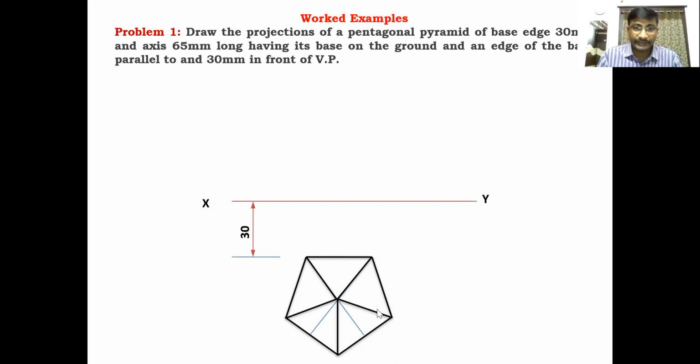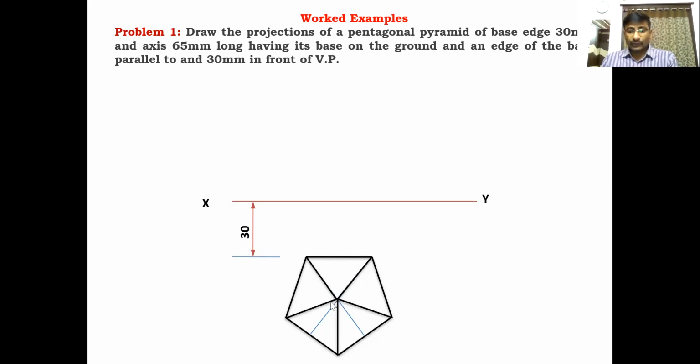These are the slant edges, and they form slant triangles, which look like equilateral triangles here. But these are not equilateral triangles; these are isosceles triangles in the solid. Clear, students? This is the pentagonal pyramid seen from the top when the axis is perpendicular to the HP.